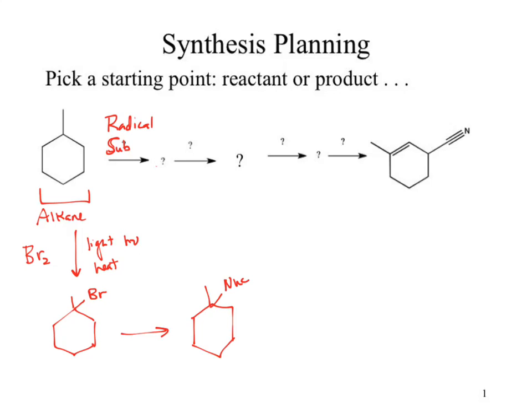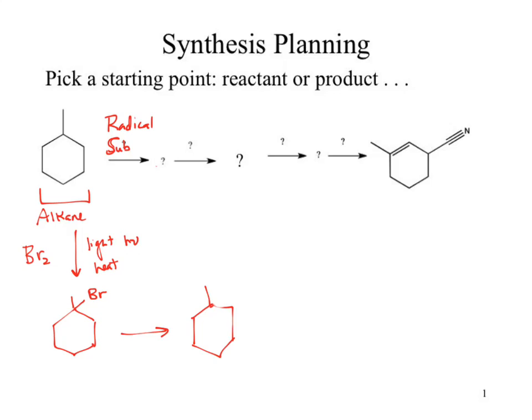Is that a valid reaction? It's a valid reaction, but does that get us closer to where we want to be with our product? No. What do we want to have happen at that position? Elimination. I want a double bond, so I need to do an elimination reaction.